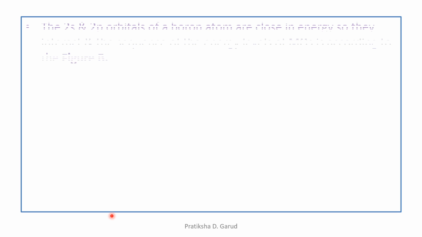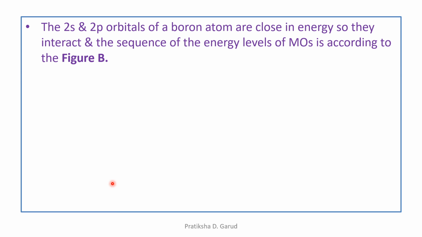So let's see that we are having the 2s and the 2p atomic orbitals of the boron atom, which are very close in energy. As they are close in energy, they interact, and the sequence of the energy levels of the molecular orbitals is according to the second figure, that is the figure B.